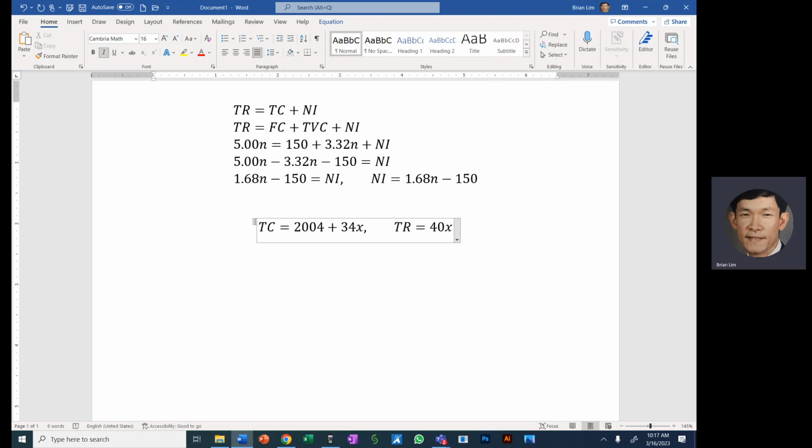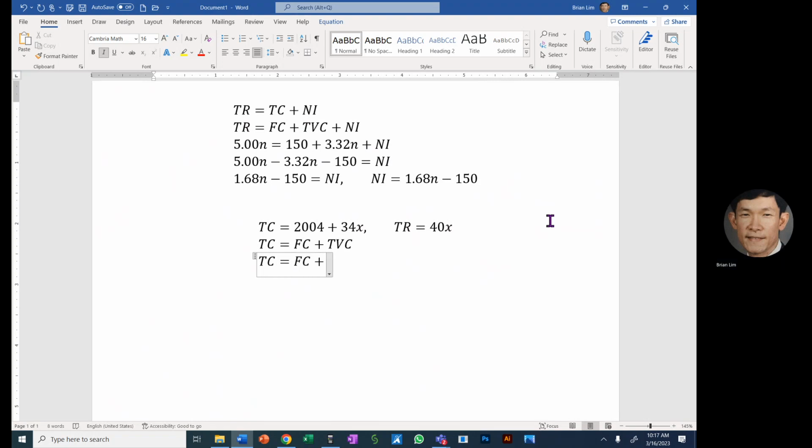All right, so what are these expressions? Well, let's go back, and we know that total cost is equal to what? Fixed cost plus the total variable cost. And that in turn comes down to total cost is equal to fixed cost plus variable cost times x, correct?